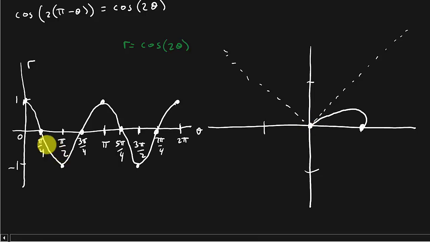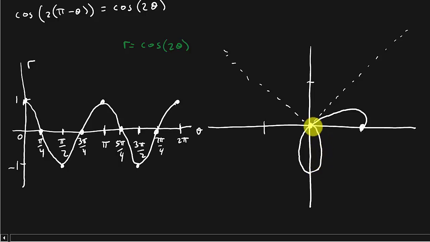And then as we move from pi over 4 to pi over 2, it's still decreasing to -1. So that's going to come right here. You see that? And then as we go from pi over 2 to 3 pi over 4, that's going back up to 0, like this.